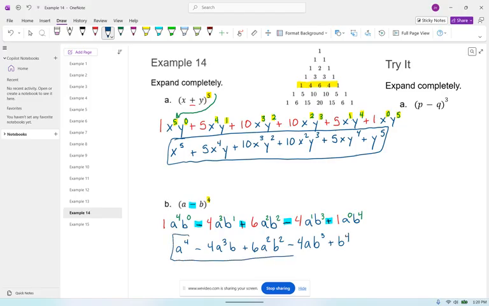So guys, that is it fully expanded. And notice again, when our sign here is negative, we just switch signs between each term.